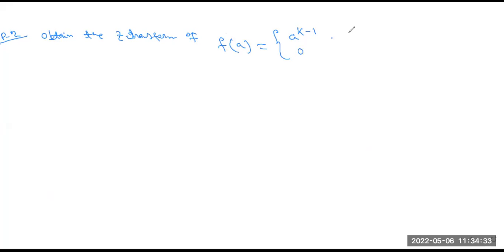When a to the power k minus 1, here k takes values 1, 2, 3 and so on, and f of k is equal to 0 when k is less than or equal to 0. Okay, so such a question will be given to you: obtain the Z transform of this.